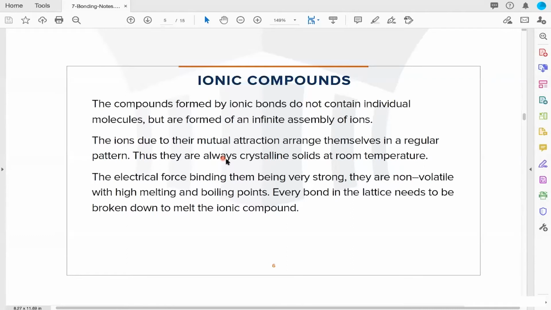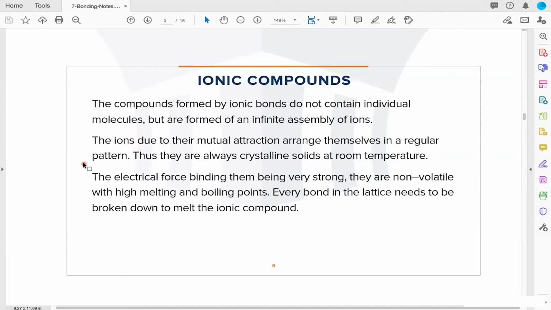So that is why we don't write the numbers there. For example, in sodium chloride, we'll say NaCl, because that tells me that for every 1 sodium ion, there's 1 chloride ion. Similarly, if you have CaF2, that means for every 1 calcium ion, I have 2 fluoride ions. So it's the ratio that we write in the formula. Okay. So there's an infinite assembly of ions arranged in a lattice, and that's how we know them.